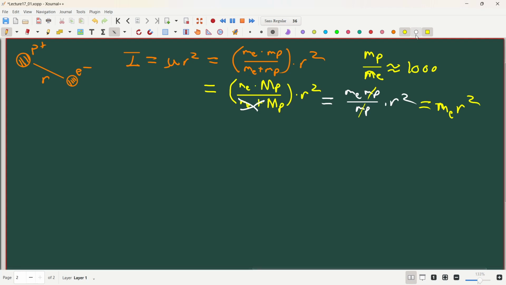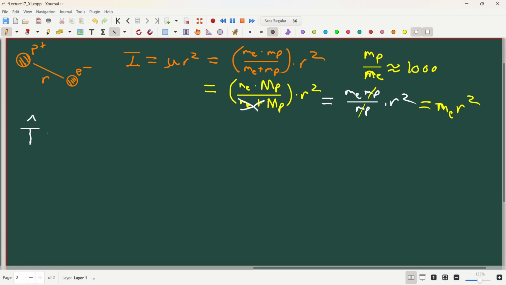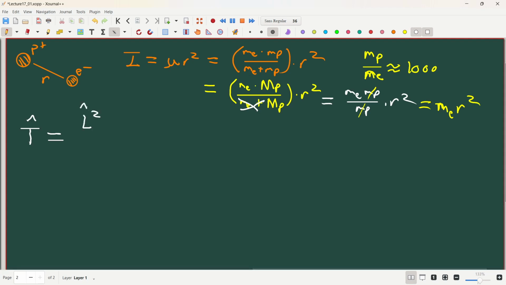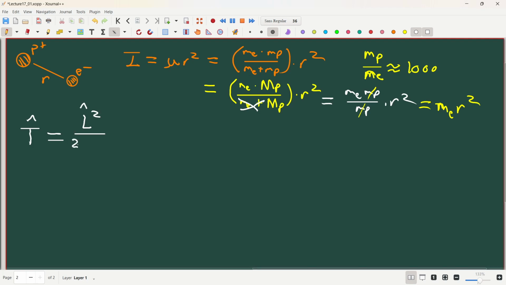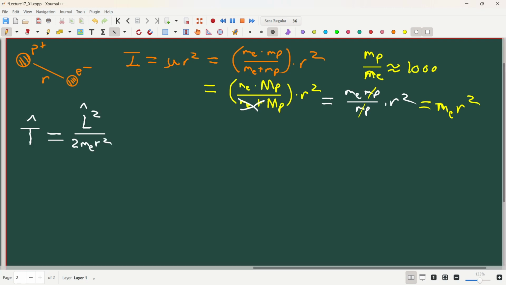Okay, so we have now that the kinetic energy, which I'll write as an operator, is going to be equal to the operator for L squared, which we don't know yet, divided by 2 times the moment of inertia for the system. Well, that's just 2 m_e r squared.